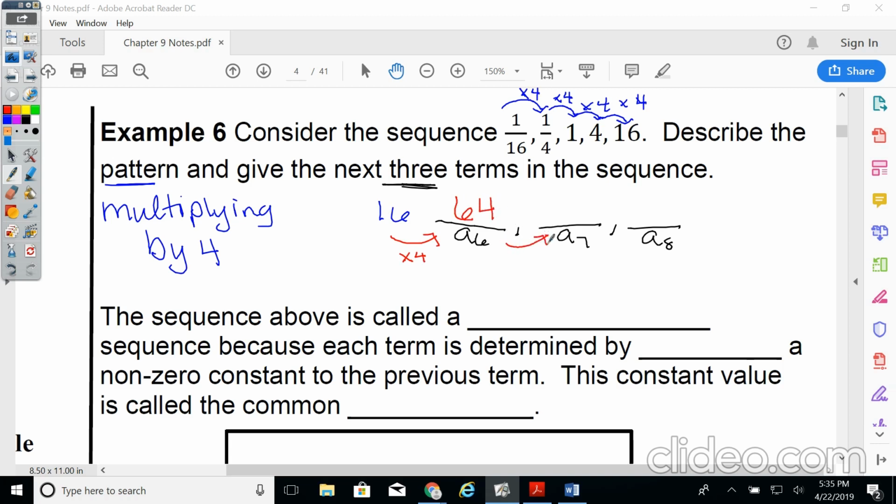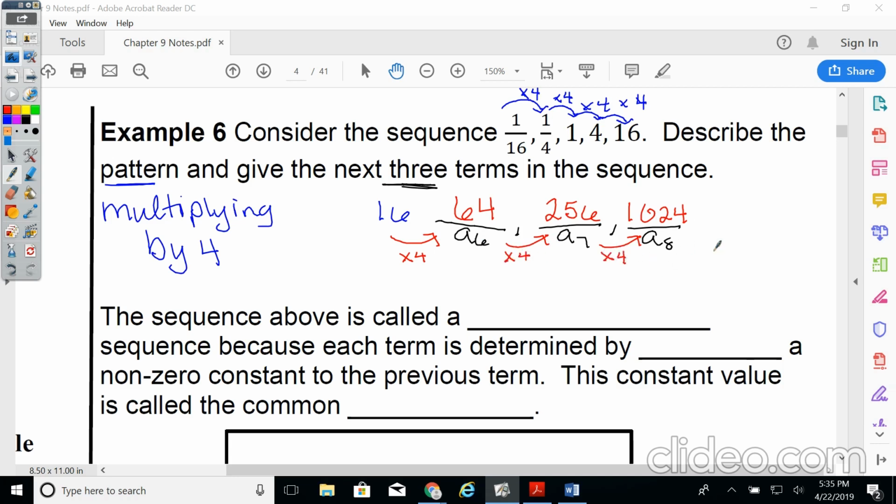Times 4 again, and we get 256. And multiply by 4 again, and that's 1024. So recursively, in order, we multiply by a number.